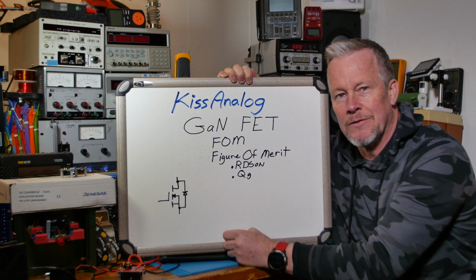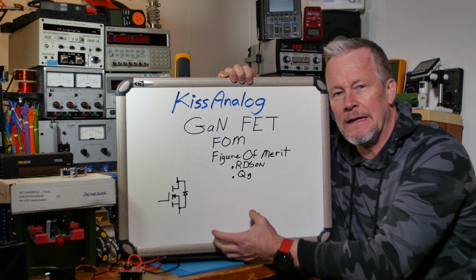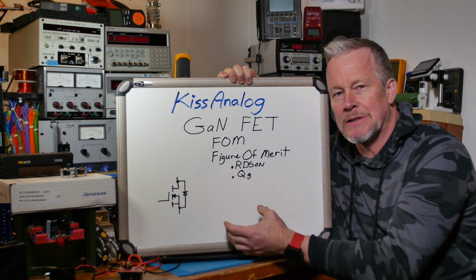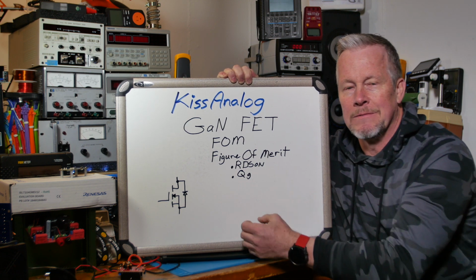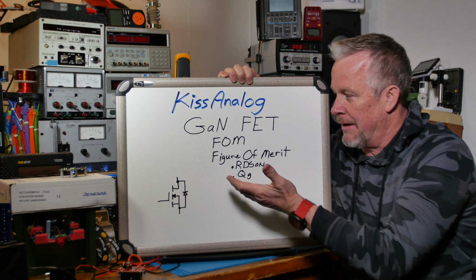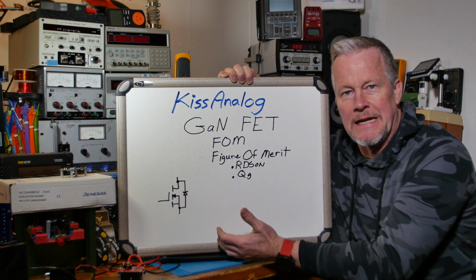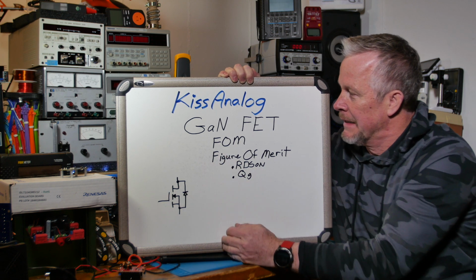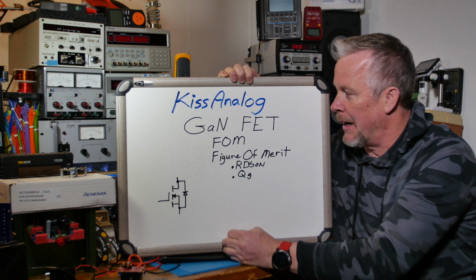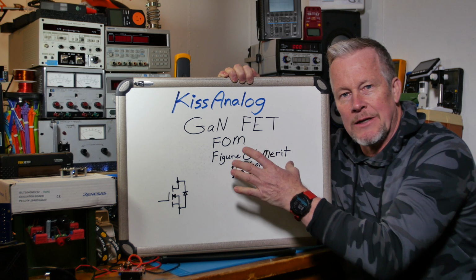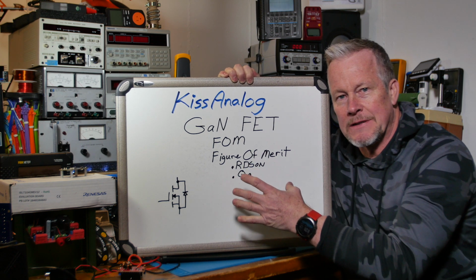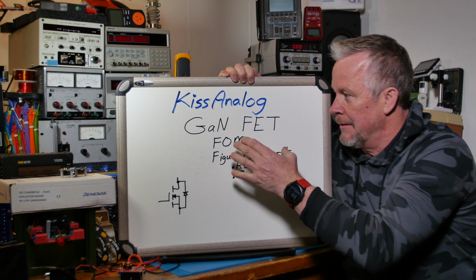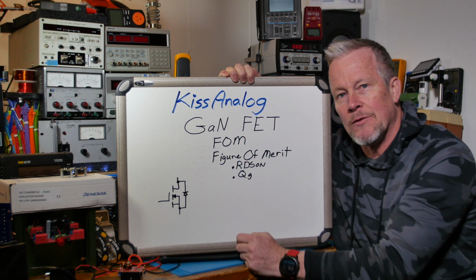You don't want to compare a FET that has a 600 volt drain to source with, say, a 100 volt FET, because they're going to have different characteristics, so it's not a fair comparison. But anyway, that's figure of merit. Now I'm going to show you in the data book what that looks like and the trade-offs. I'm going to show you between a MOSFET and a GaN what that looks like.